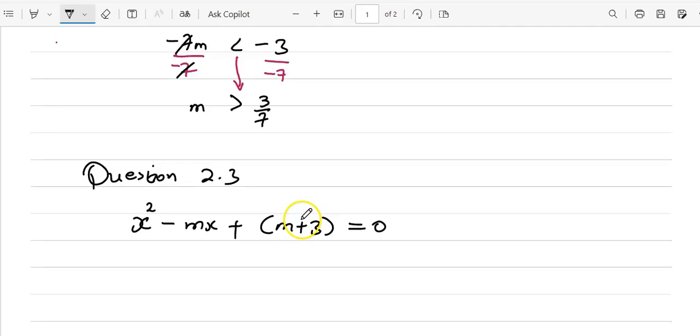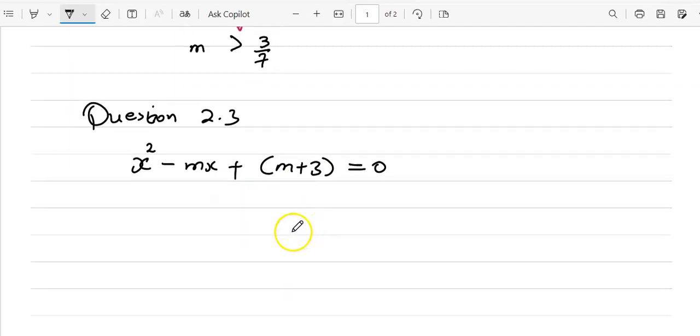Now, remember that the formula for the discriminant is equal to b squared minus 4ac. So this is your formula. Now what you have to do is just sub in your values.